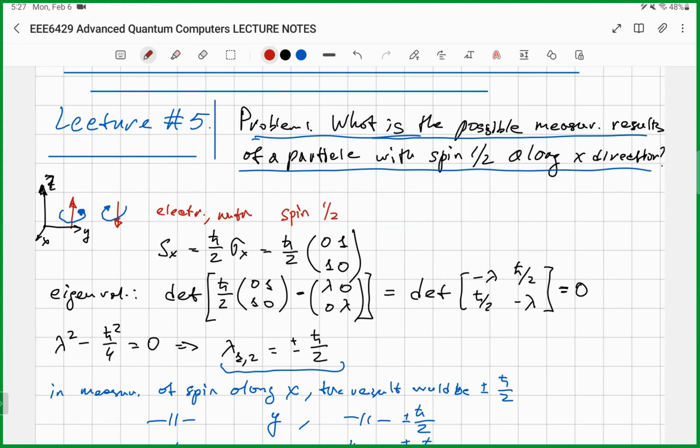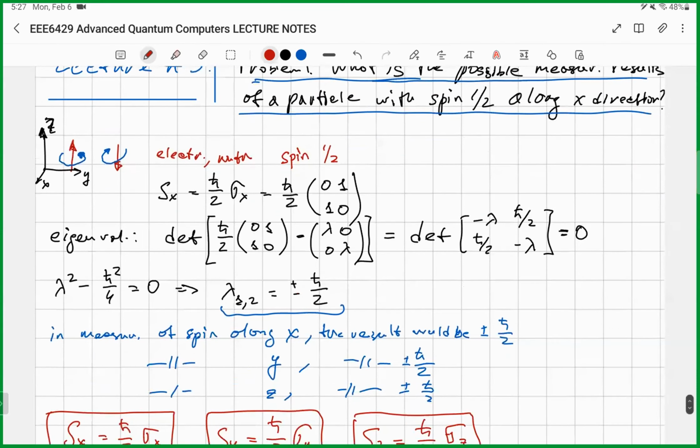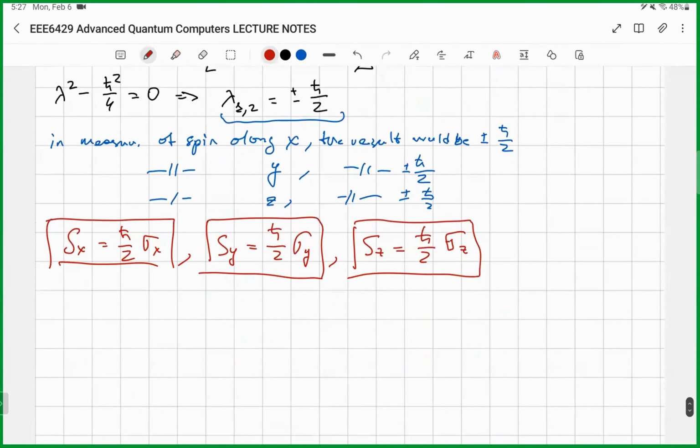And by the way, the spin of an electron and the polarization of a photon, all these effects are described by these spin operators sigma x, sigma y, and sigma z. That's why I also put it here. So I'm not sure if it answers your question.